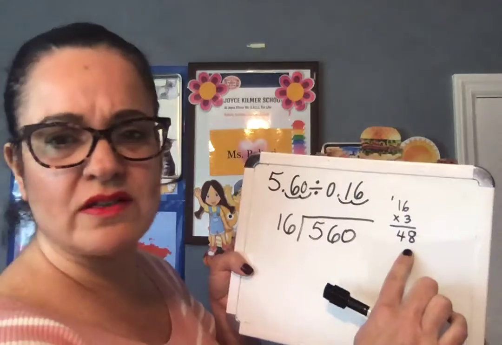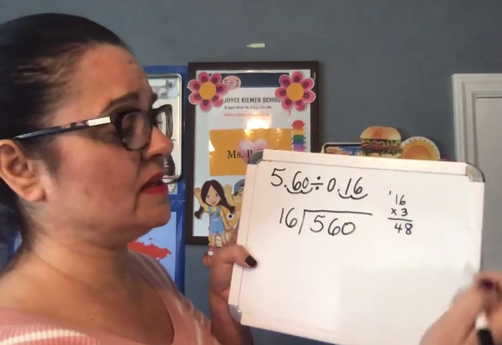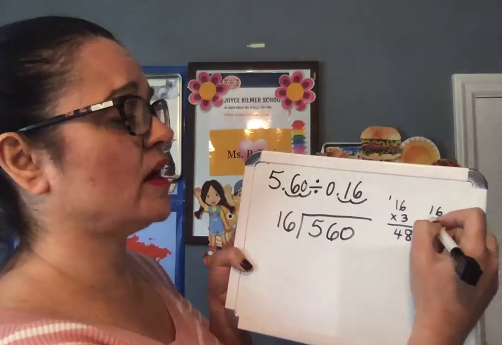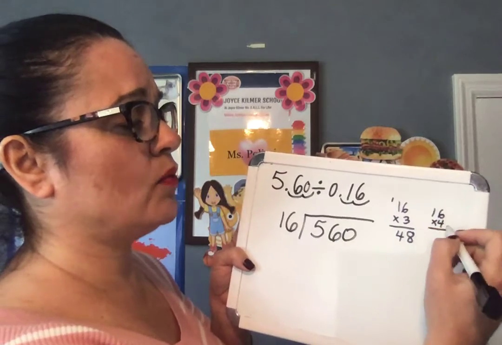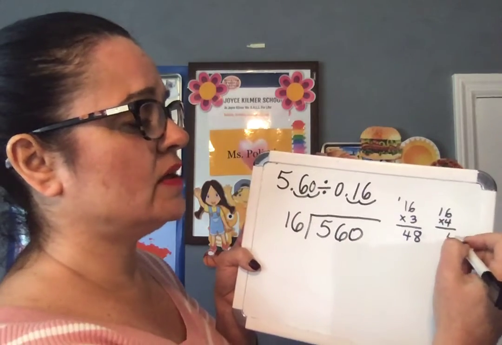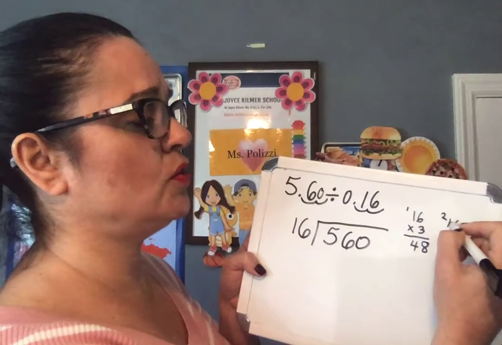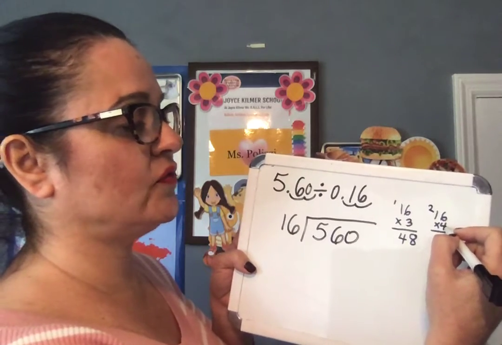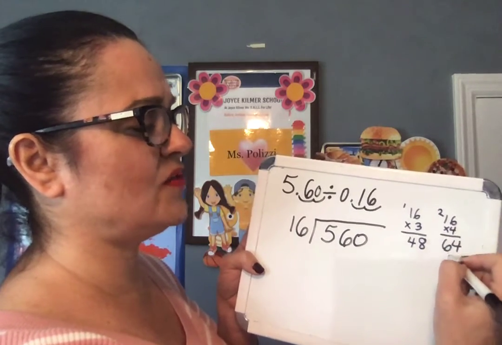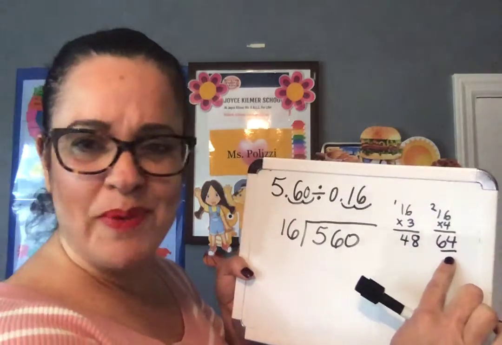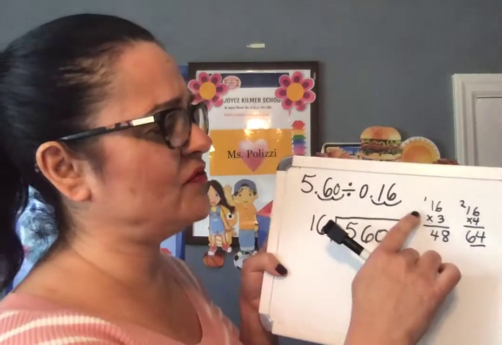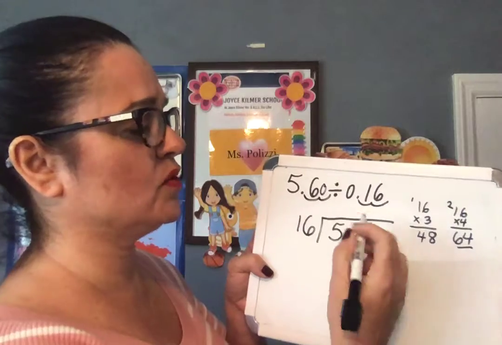Well, 48 is smaller than 56, so let's try 16 times 4 and see if that works. Well, 6 times 4 is 24, carry my 2. 1 times 4 is 4, plus 2 is 6, so 64. Well, that's too big. So then we would have to use 16 times 3 equals 48.